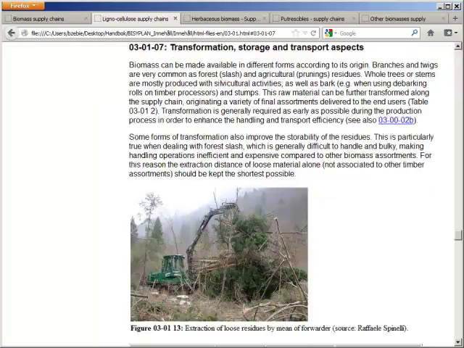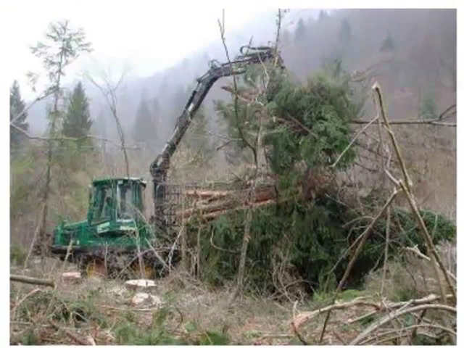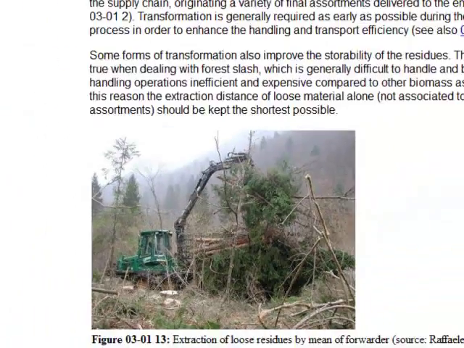In the case of forestry, the brash or the slash is often extracted using a forwarder. This is a special vehicle constructed to work in forest terrain, and it's a very odd vehicle that cannot be used for anything basically else than transports in the terrain.